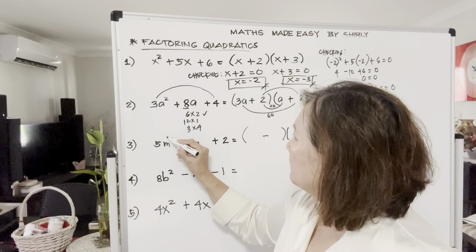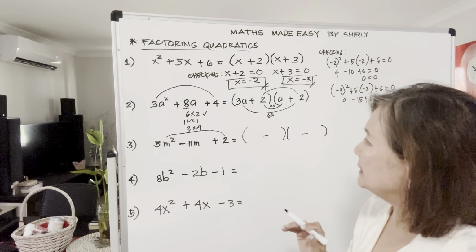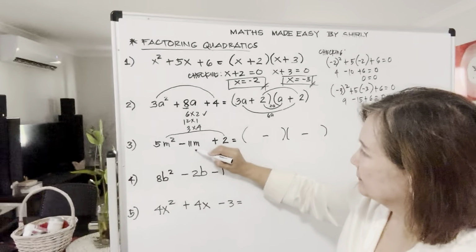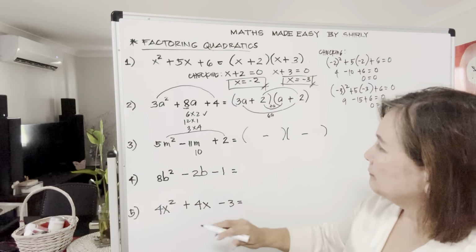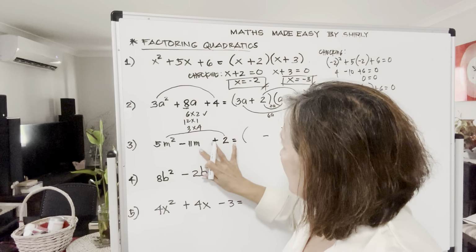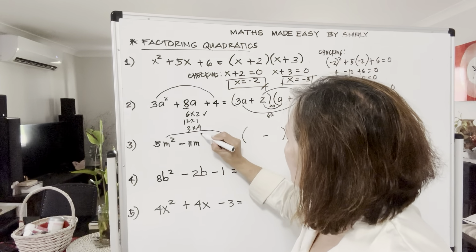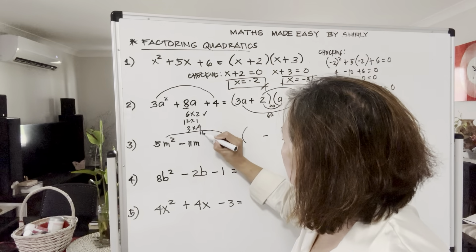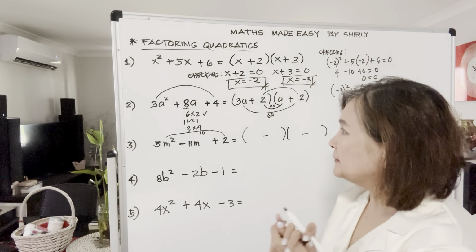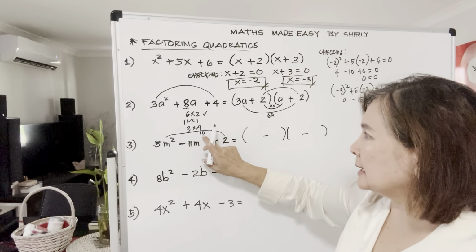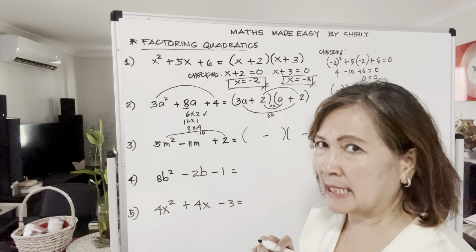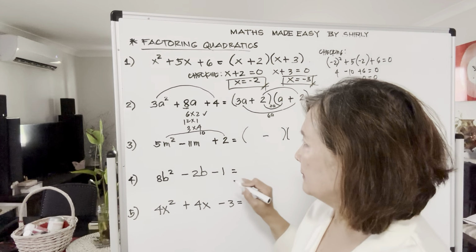Let's multiply 5 by 2. That is 10. But because we have the last term equal to negative, we will find factors of 10 which will give us the sum of negative 11.